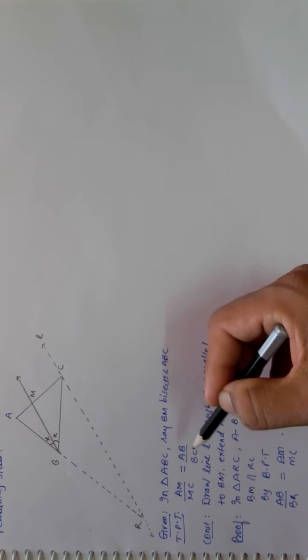So this is what you get. Now you compare this with what you want. What you want is AM is to MC, got it? AB is to BR, but here is BC and here is BR. So very common thinking tells me that BC I want and BR I want to remove.